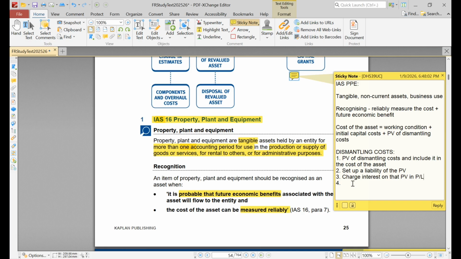And fourth, increase the liability by the interest charged. And the formula for calculating present value of dismantling costs is dismantling costs multiplied by discounting factor. The formula for discounting factor is 1 upon 1 plus r to the power of n. This is what we have studied so far.